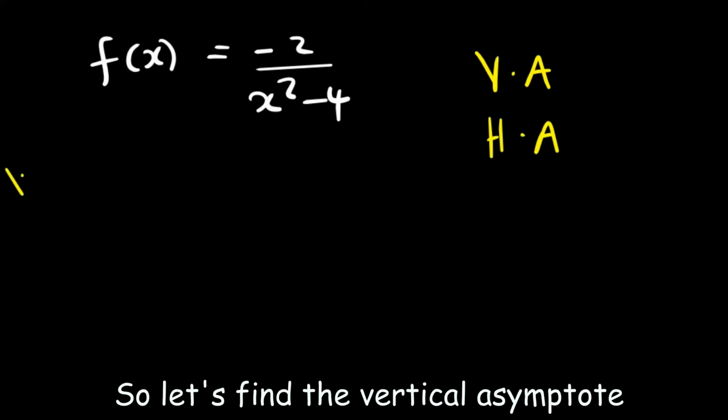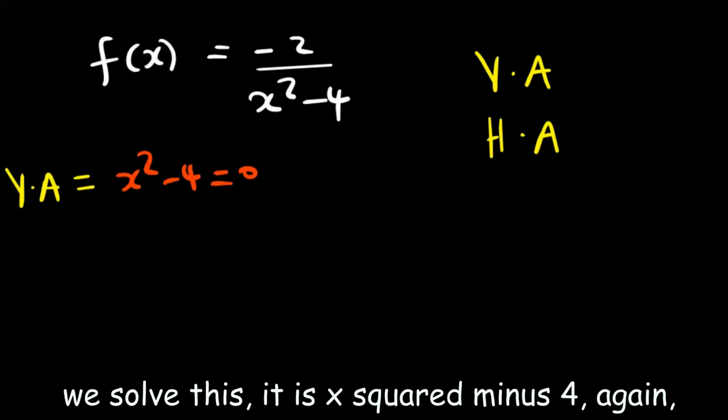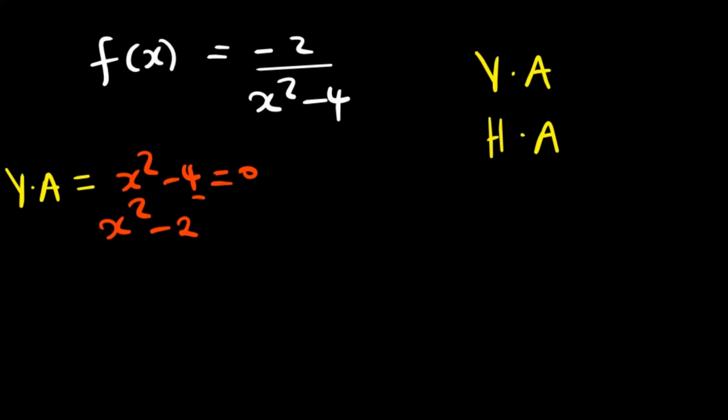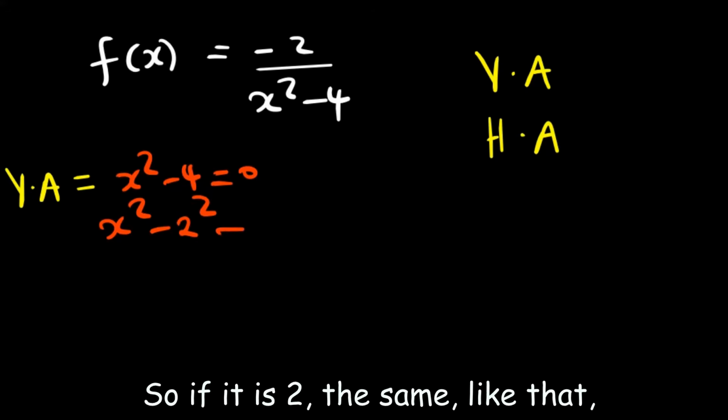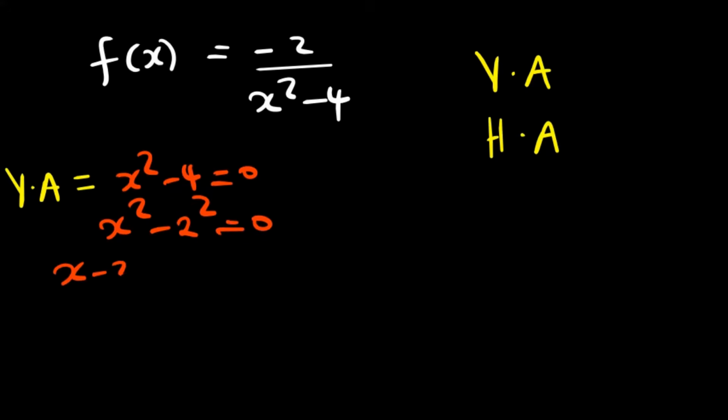So let's find the vertical asymptote. Let's equate the denominator to 0. X squared minus 4 is equals to 0. I can also rewrite it as x squared minus 2 squared, right? It's still the same. So this is a difference of two squares. So I'm going to have x minus 2, x plus 2 is equals to 0.